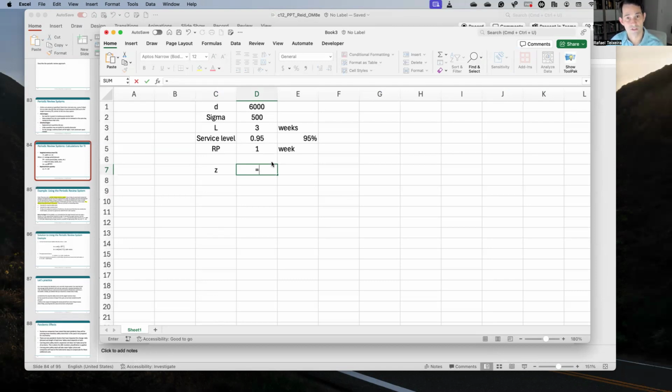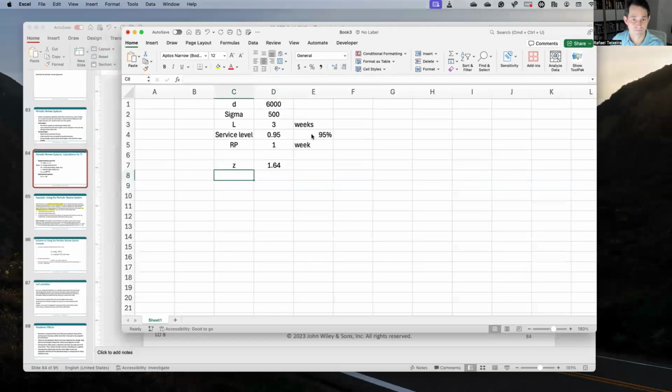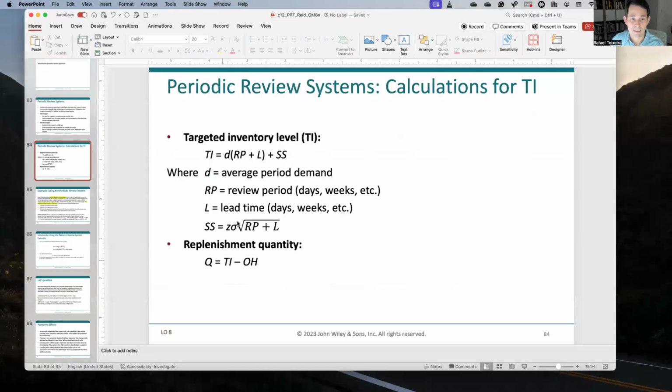In Excel, the function to find it is NORM.S.INV, open parentheses, and then I select the service level I want to provide. And the Z value is 1.64. I can reduce the decimal places to make it easier to see. Then I have my standard deviation of demand.